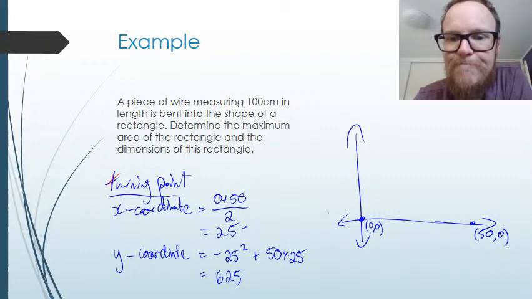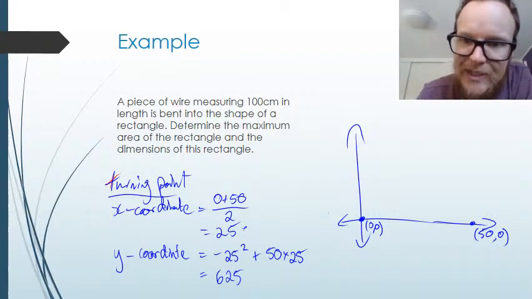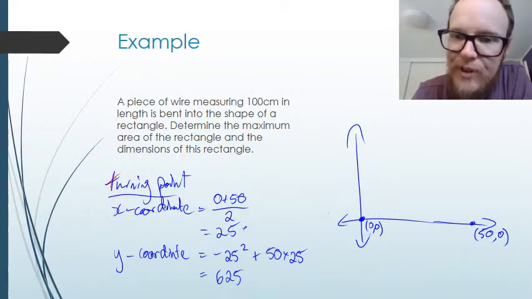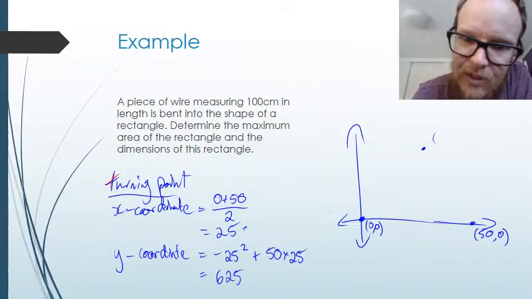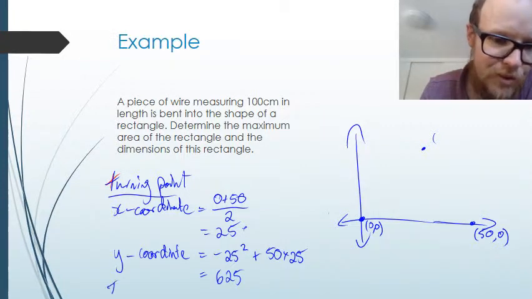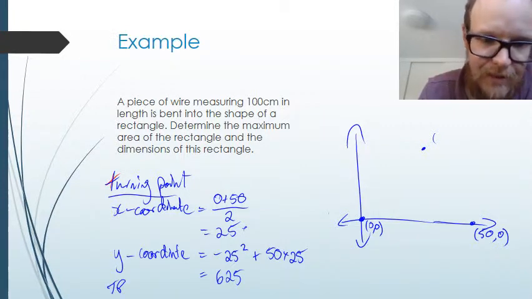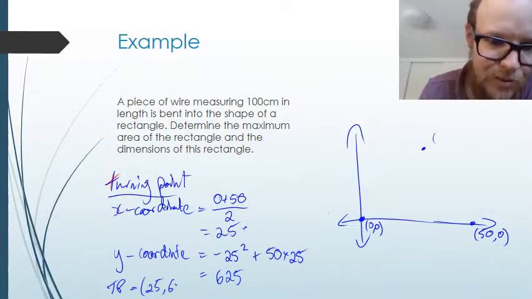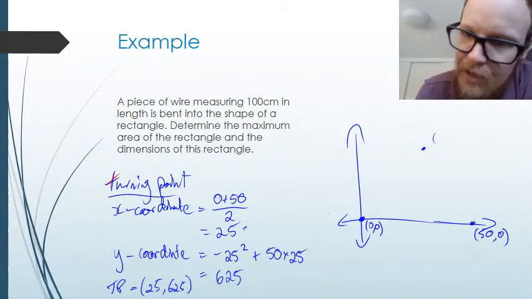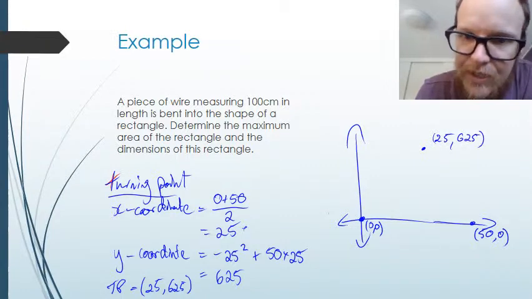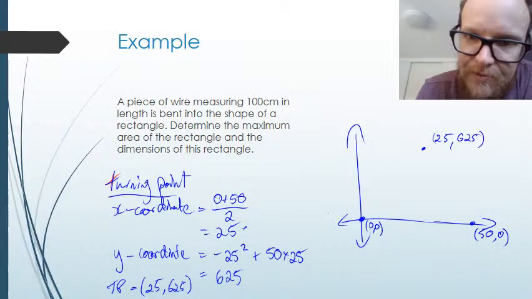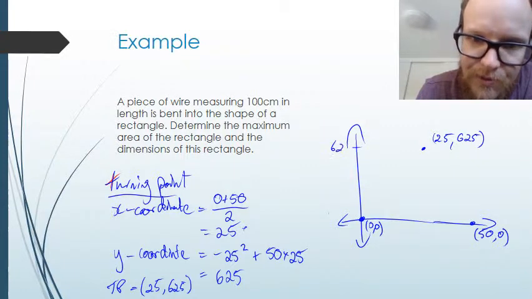We also had our axis of symmetry going through 25. So our maximum here is our turning point, which I should have stated down here: 25, 625. So that means our maximum value up here is going to be 625.